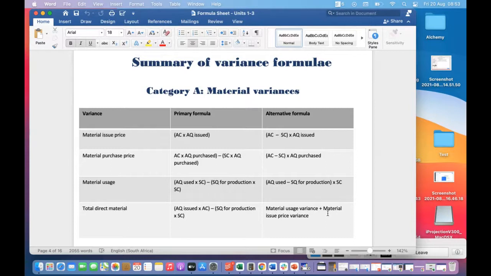That's the material issue price variance. Then material purchase price variance: this variance occurs when the actual price and the standard price of material differ. It shows the difference between the actual cost and the standard cost of material which has been purchased.